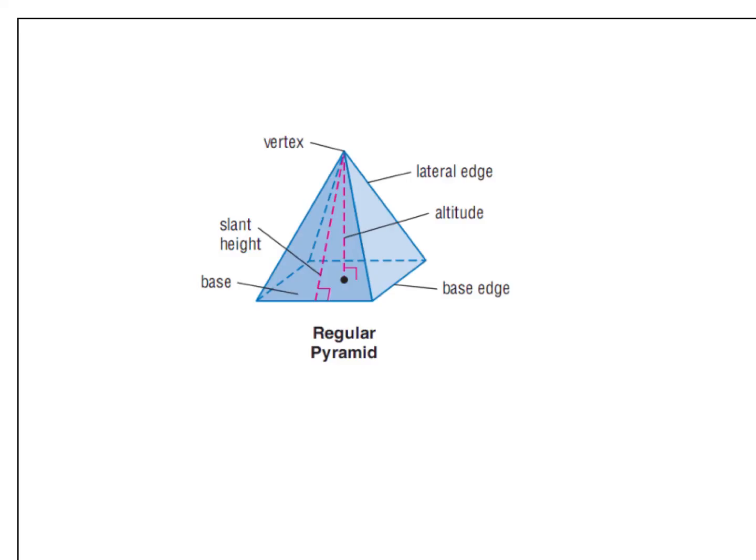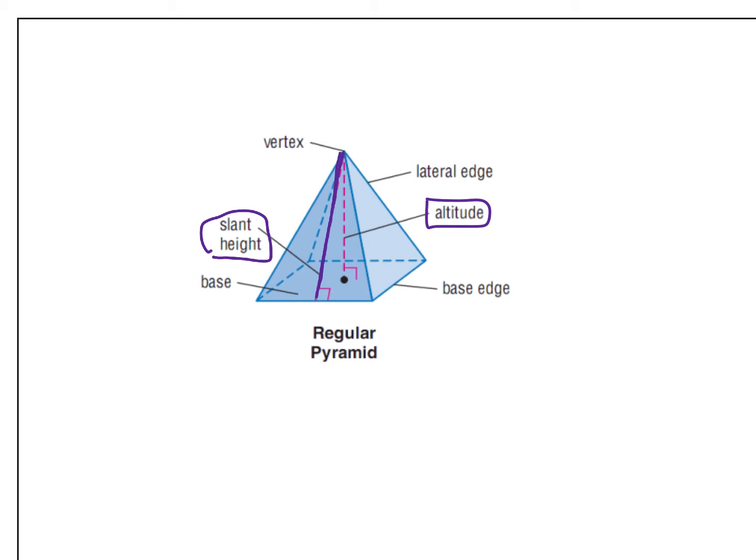So if we consider a pyramid, this would be an example, and these are the parts. What I want to draw your attention to is slant height versus altitude, because those are two distinct things that we need for surface areas, particularly the slant height here.